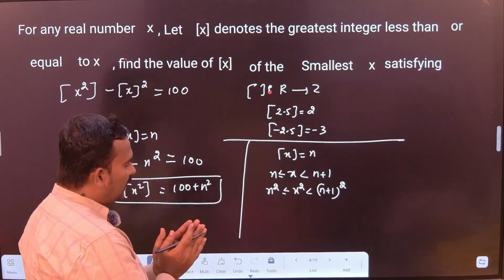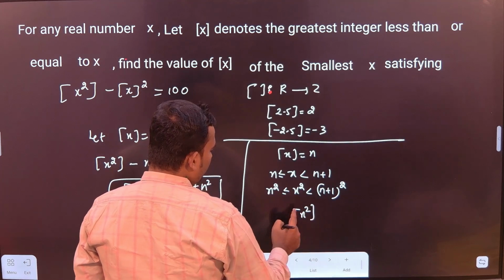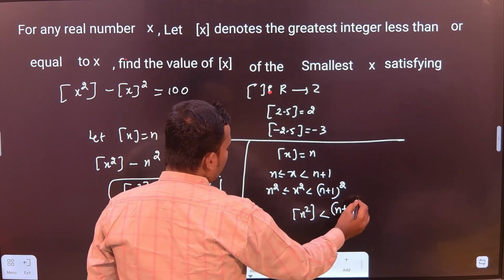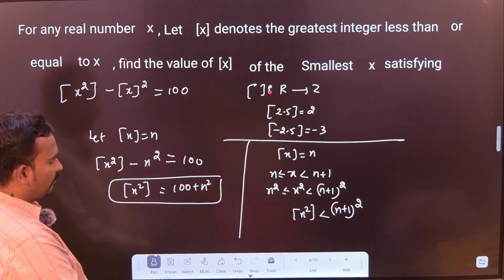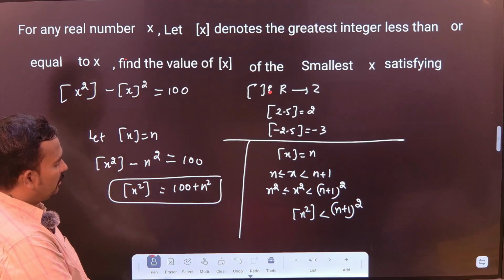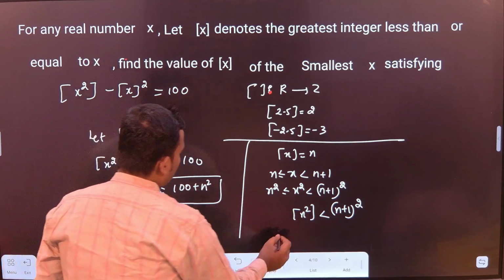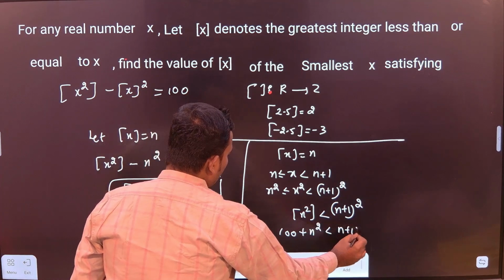So definitely the greatest integer of x square should be less than n plus 1 whole square, right? Clear? Understand? So the greatest integer function of x square, 100 plus n square, should be less than n plus 1 whole square.